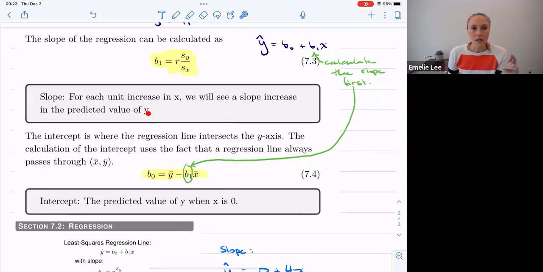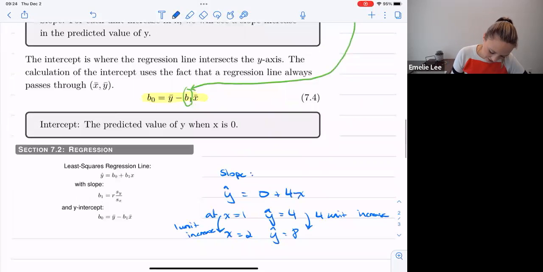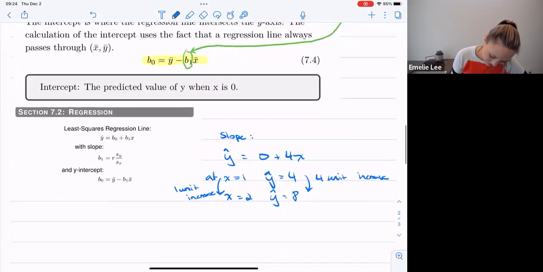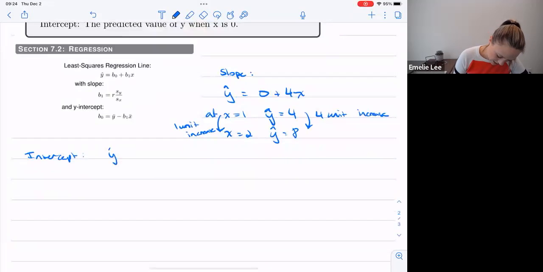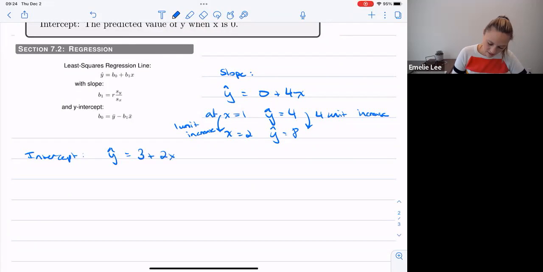Okay. What about the intercept? The intercept here is b0, right? And how do we interpret the intercept? Well, the intercept is the predicted value of y when x is 0. For example, y hat equals, I don't know, 3 plus 2x.